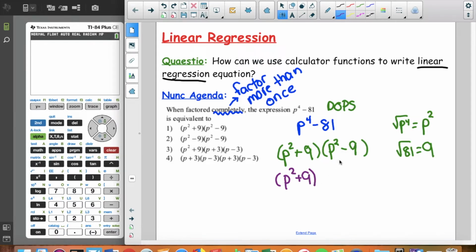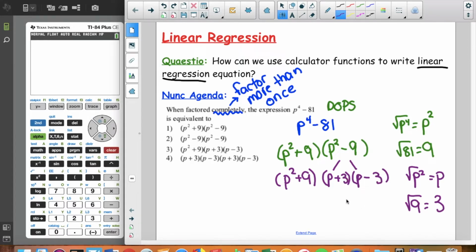But for this second one, we can use difference of squares again. So we have the two parentheses. One gets a plus, one gets a minus. The square root of p squared is p. The square root of 9 is 3.